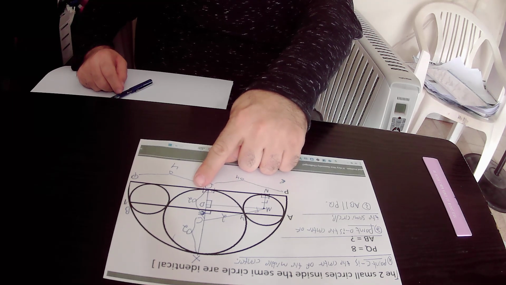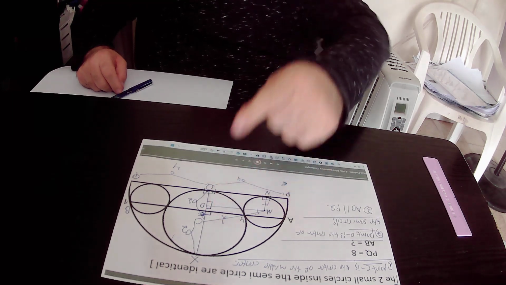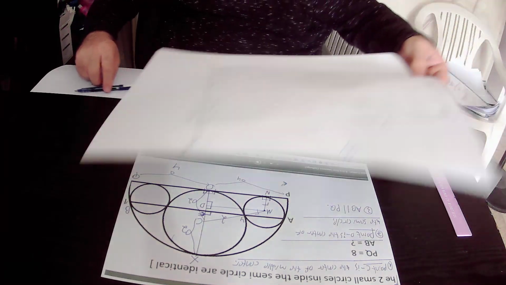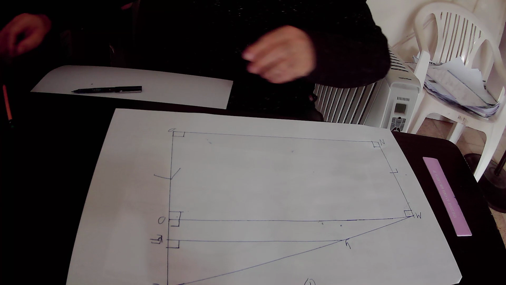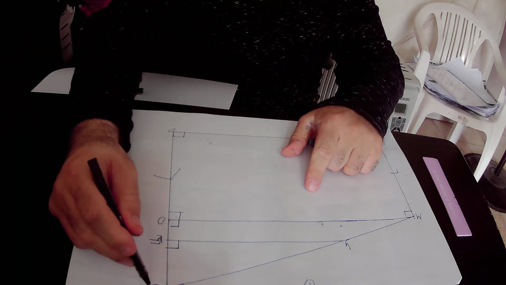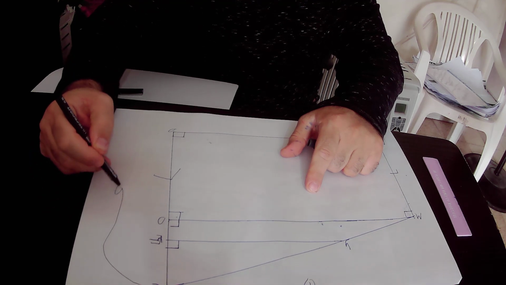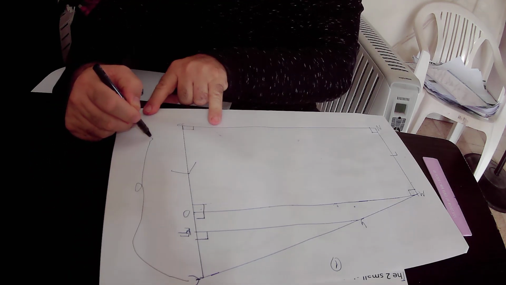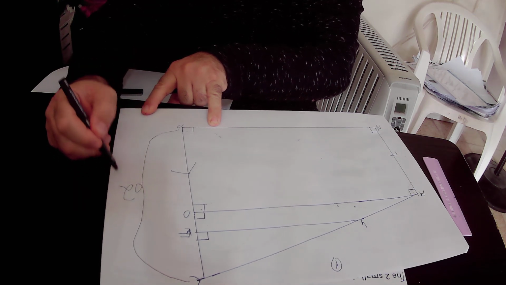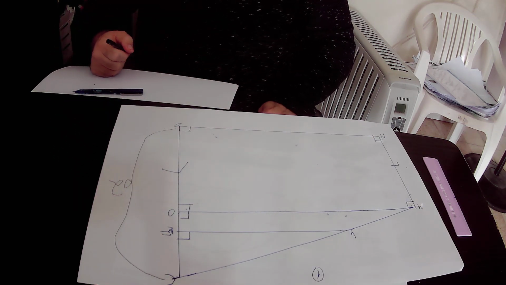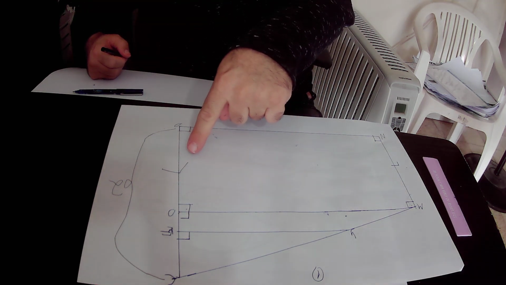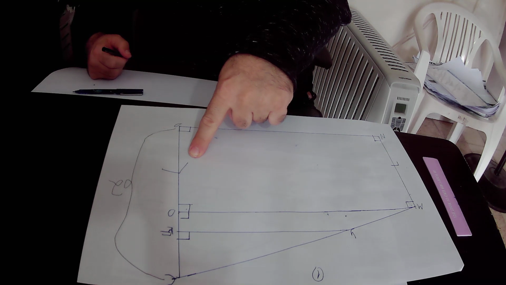Okay, the radius CO equals 2 units. So actually we can write here that CO equals 2 units. And we know that DO equals R, the radius of the small circle.